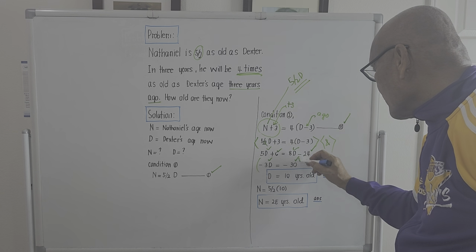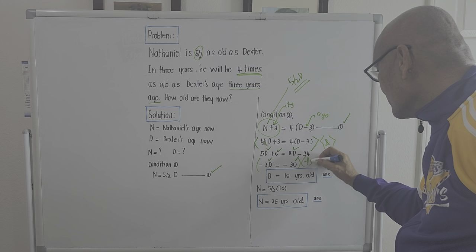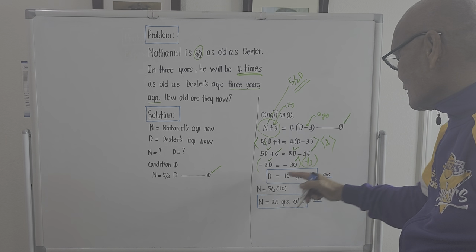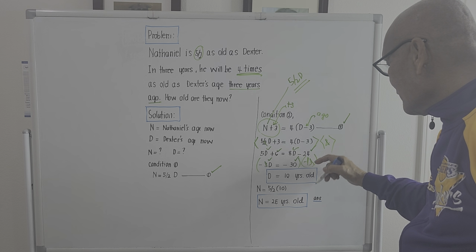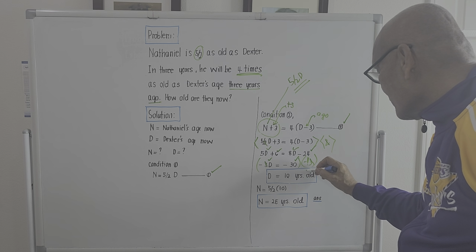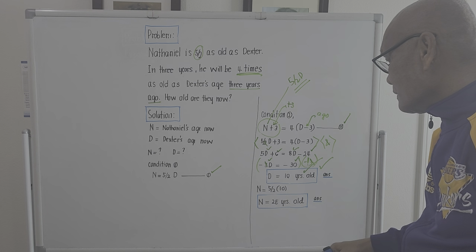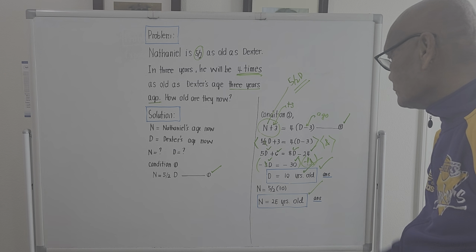If we multiply this by negative 1/3, a minus and a minus make a plus D, and the 3 cancels with the 3, and 30 over 3 is 10. So the age of Dexter is 10 years old, and using equation number 1, the age of Nathaniel is 5 halves times 10, or 25 years old.